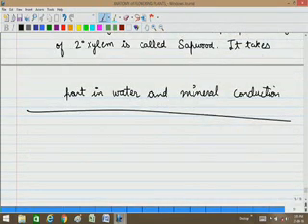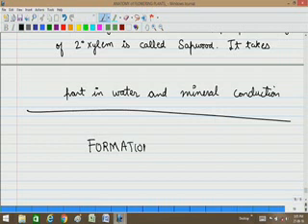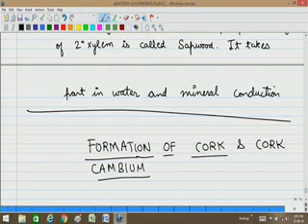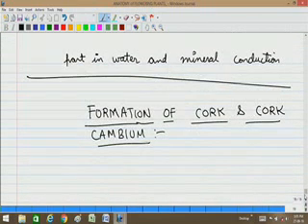Please put the heading: formation of cork and cork cambium.